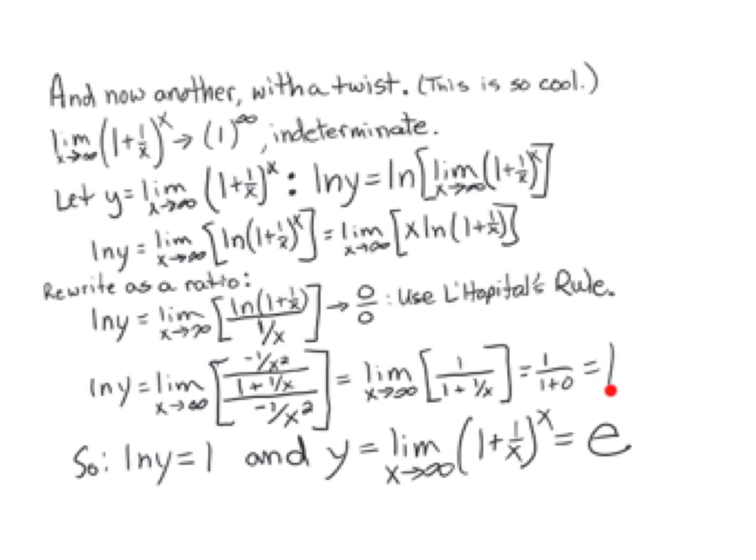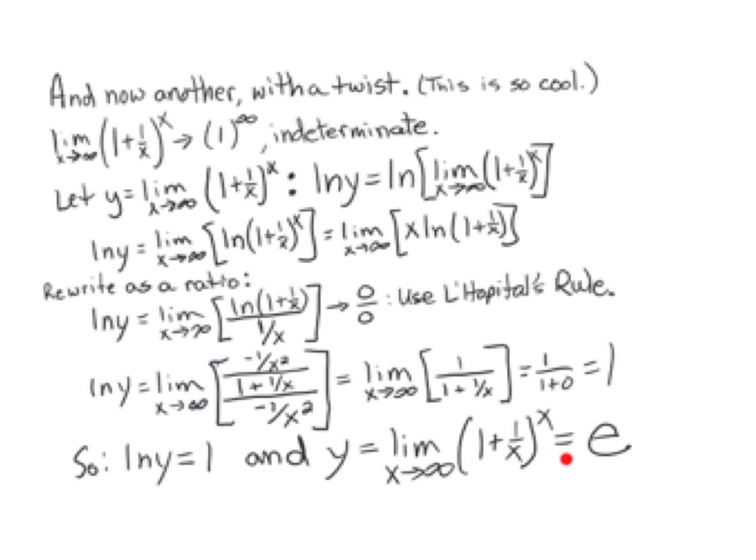This is the value of the limit, but that limit equals the ln of y. I get this equation. Now to isolate the y, remember y equals the limit. To isolate this y, I have to rewrite this as an exponential function. So the ln equals 1 means that 1 is my exponent.